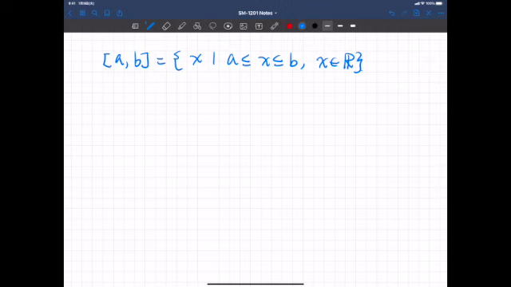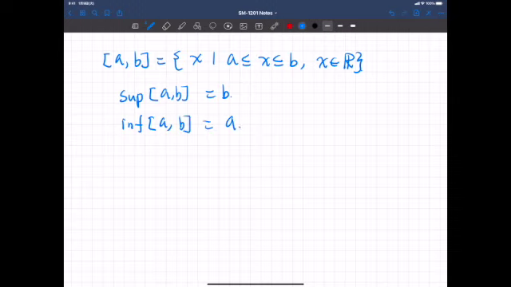Then, in this case, the supremum of this interval between A and B is equal to B. And the infimum of this closed interval is A. Okay. In this case, B is obviously the maximum value of all the elements of this interval, and A is the minimum of all the elements of this interval.